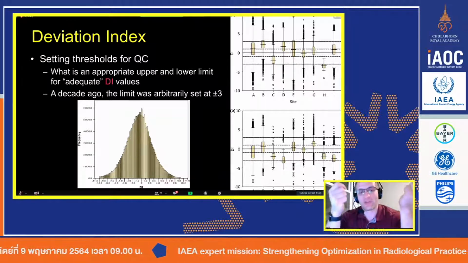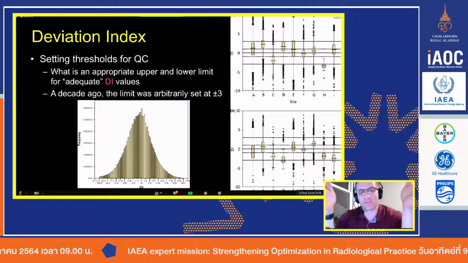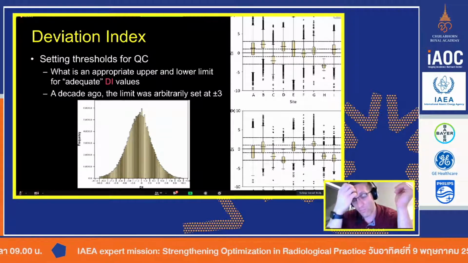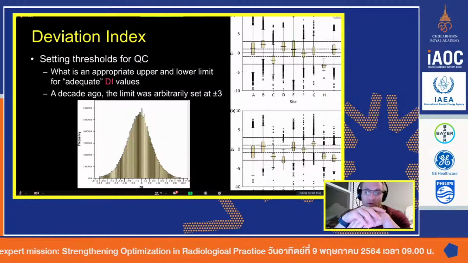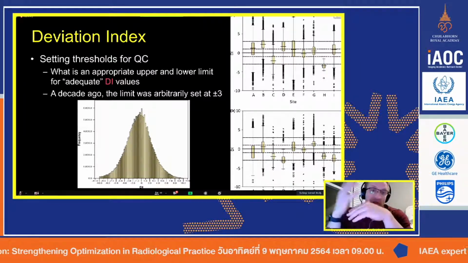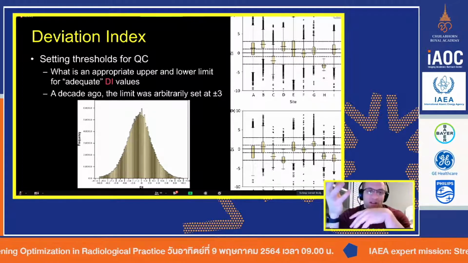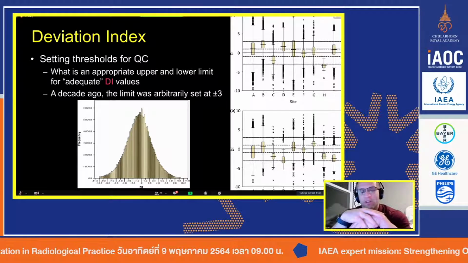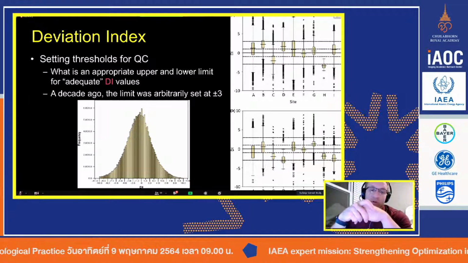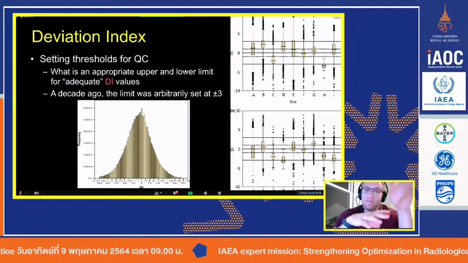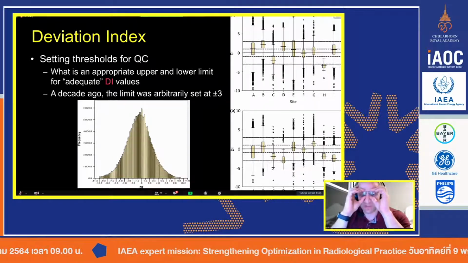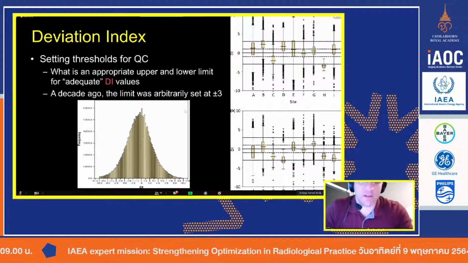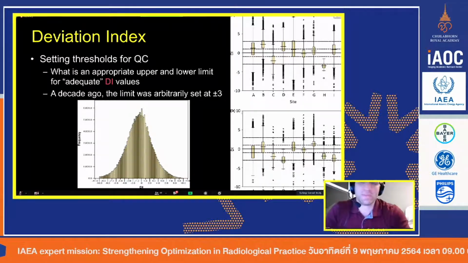And what we found was that within that plus or minus 10 DI, most of the time, the radiologists were okay with those images. The image quality looked fine. There wasn't really any clipping at the higher level. And even though it was a lot more noisy at a minus 10 DI versus a 2, it was still okay. They could still get what they needed for their read.